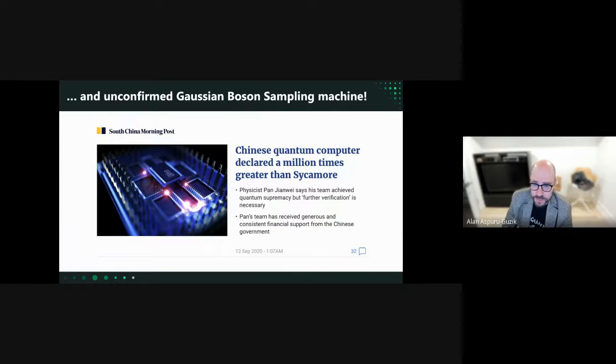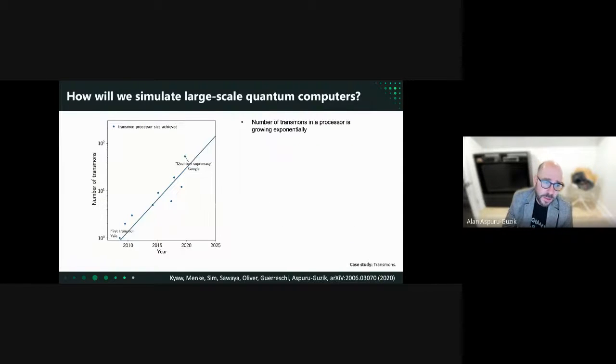The European groups, very well exemplified by Frank, shouldn't be discounted, and the OpenSuperQ project, and all the projects in Europe, could be making big surprises. IQM, for example, and the Chinese groups as well. For example, here we see their quantum optical machines have also achieved supremacy.